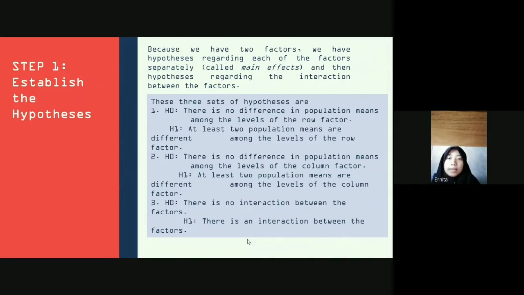For the second hypothesis, H0 is there is no difference in population means among the levels of the column factor. And H1 is at least two population means are different among the levels of the column factor. The third hypothesis, H0 is there is no interaction between the factors, and H1 is there is an interaction between the factors.